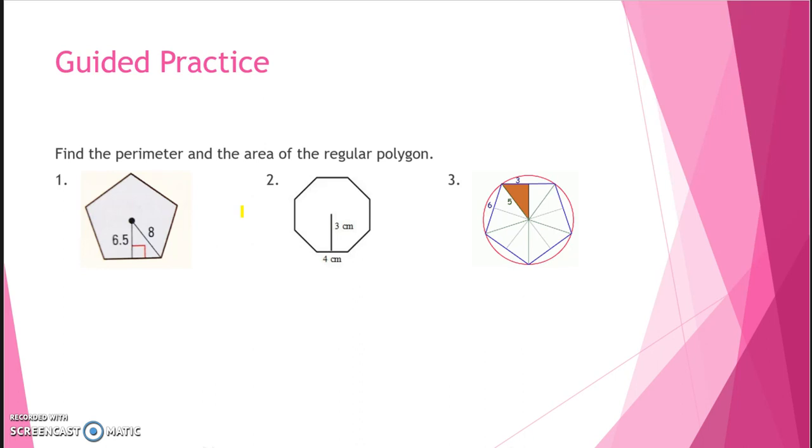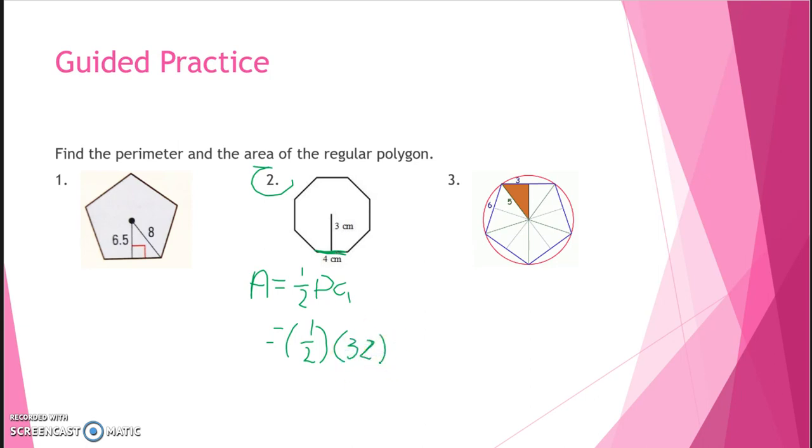With the second one, which is the first example, number 2, your area is equal to 1/2 perimeter times the apothem length. So it's 1/2 times, well, your one side length is 4, and if you count, you have 8 sides. So 8 times 4 gives you 32.